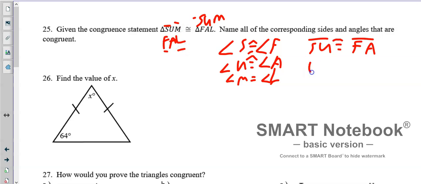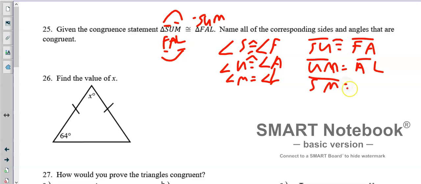UM, AL. And SM, FL. Makes it so much easier that way.